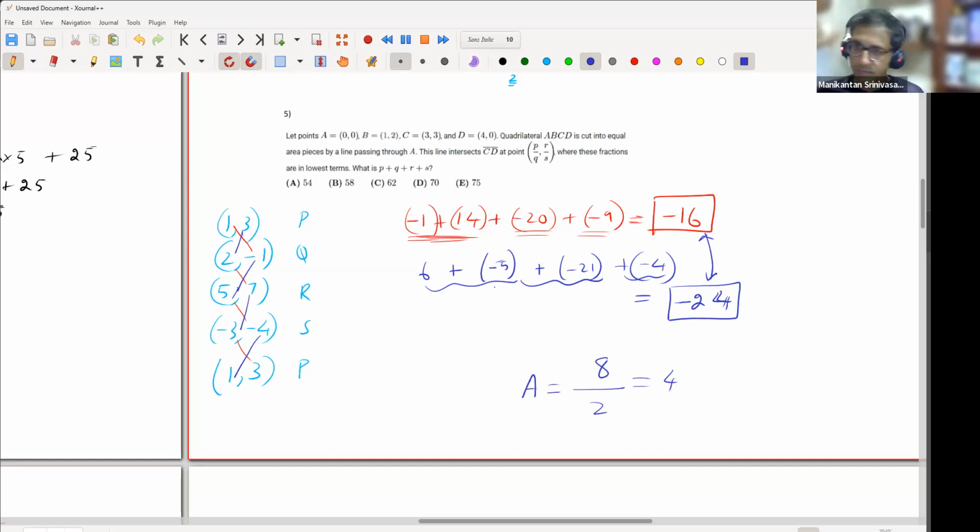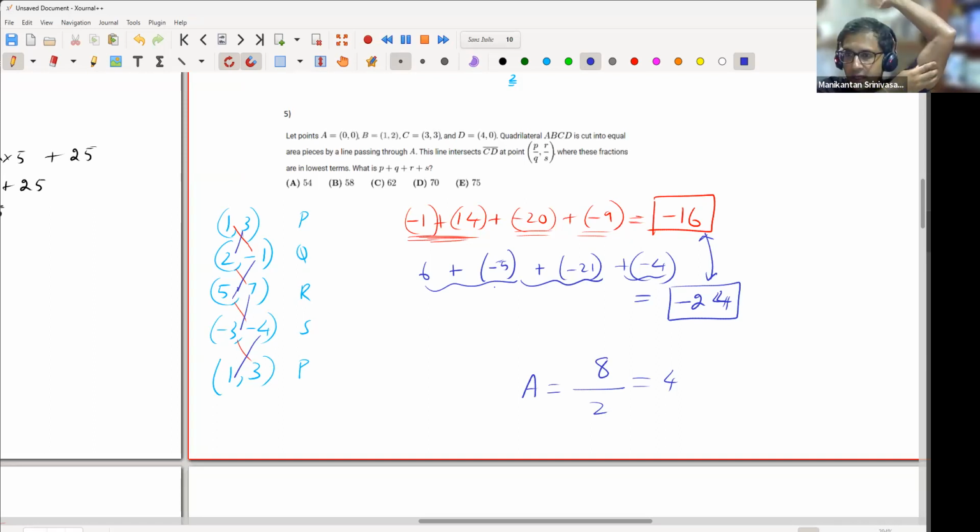Question 5. Let's discuss what is the area of the quadrilateral that we are getting, so that if someone makes a silly mistake, we don't waste time after that.